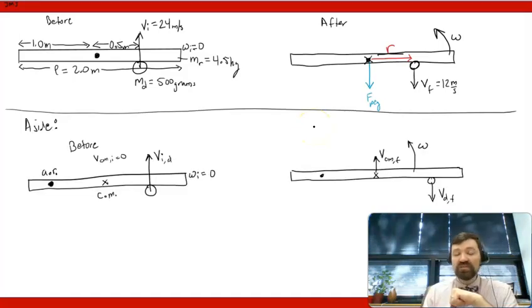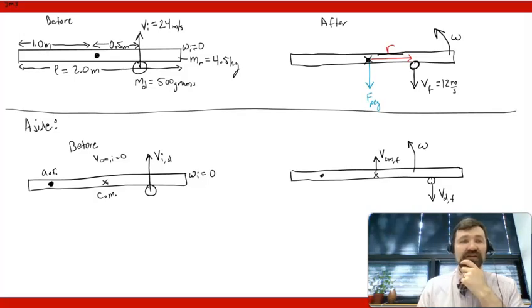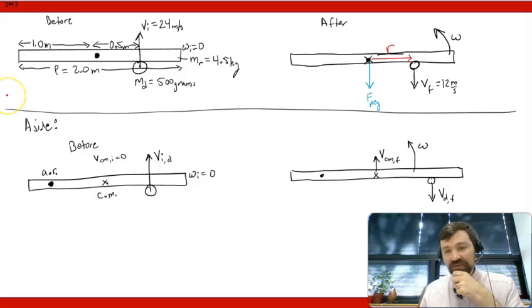If the peg is not at the dead center of mass of the rod, then when the rod is rotating, the center of mass is in fact moving, and so there will be some center of mass velocity. Specifically, I would now need to label two different values of r. One of them would be r for the center of mass, and the other one would be r for the location of the disk, so r disk.